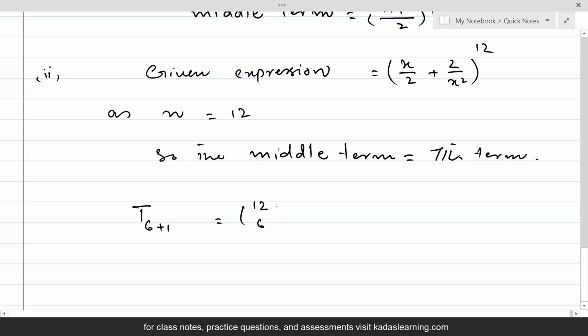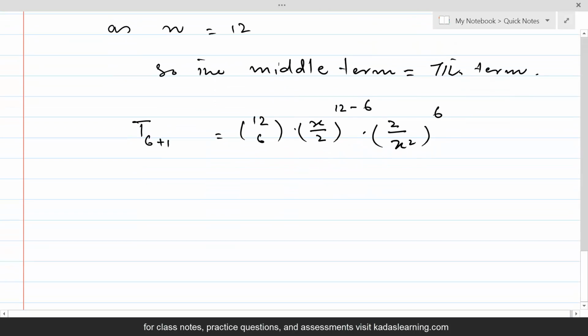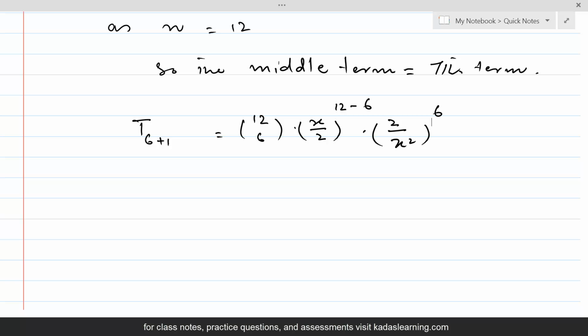times the first part of the expression, (x/2) to the power 12 minus 6, times (2/x²) to the power 6. We could even write the value of r as in the previous example.